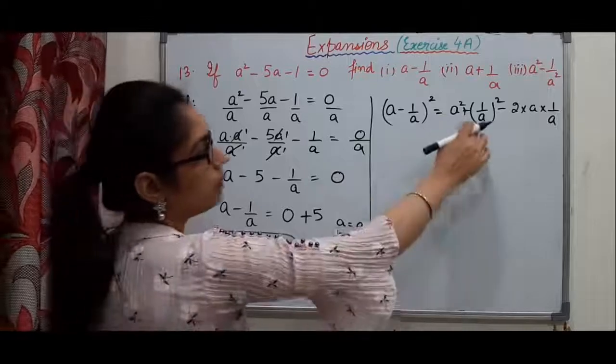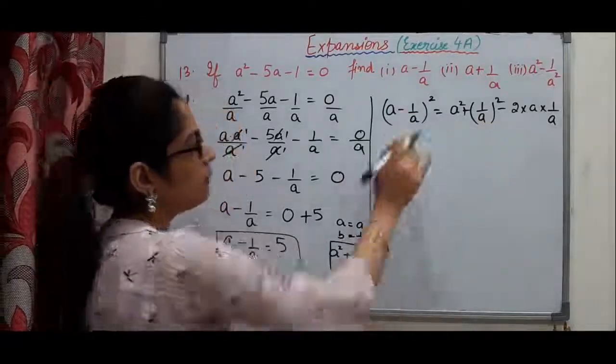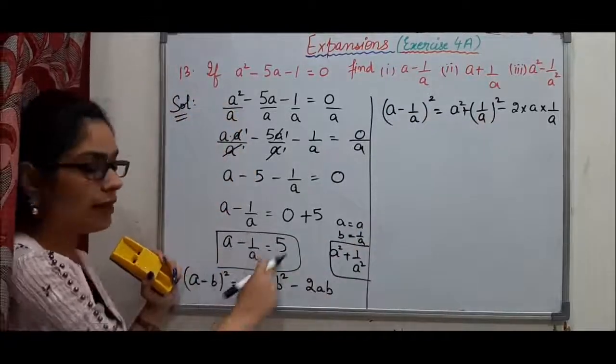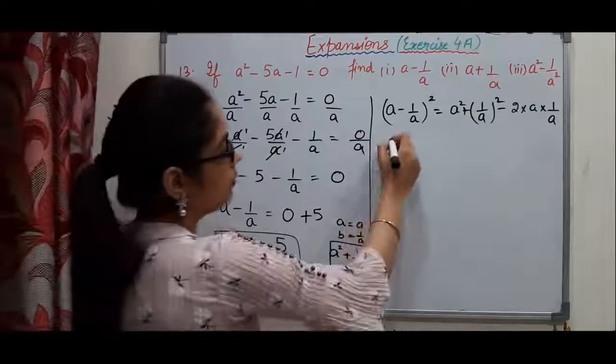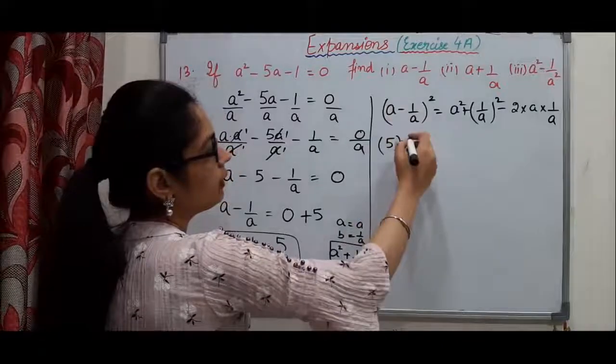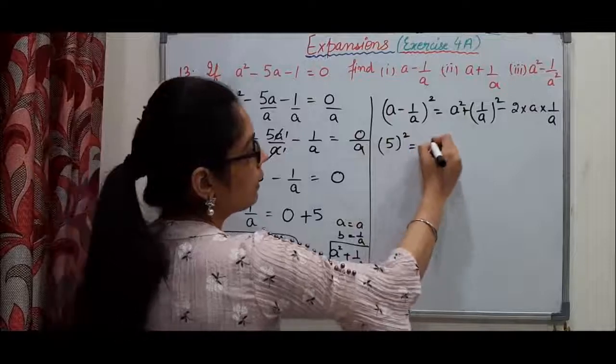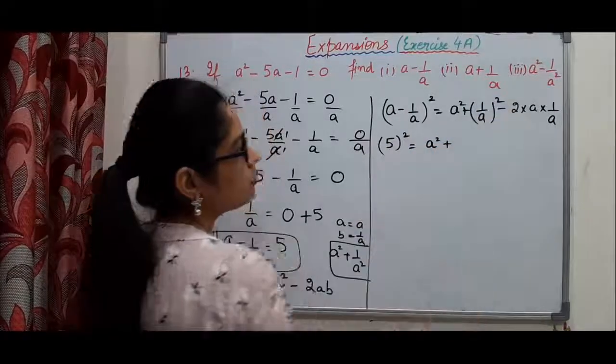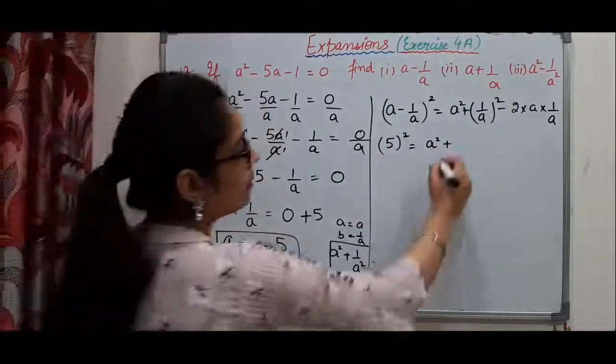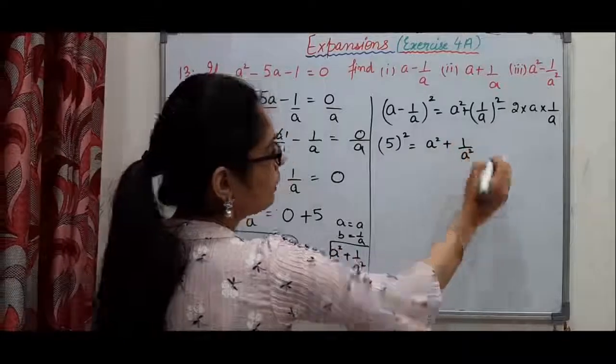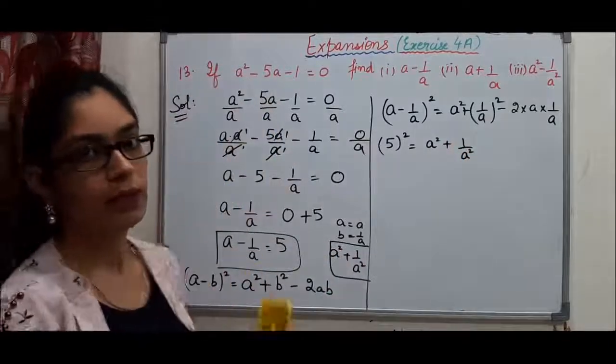So a square plus b square minus 2ab. We have calculated that a minus 1 by a is 5, so I will substitute 5 whole square. A square plus this 1 by a whole square is 1 square by a square. 1 square is equal to 1, I have already told you.